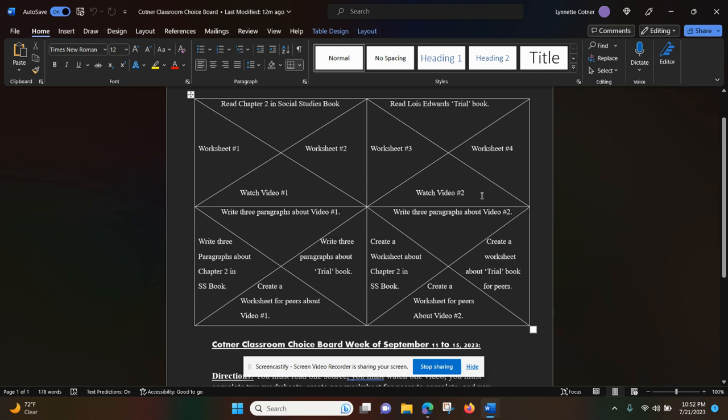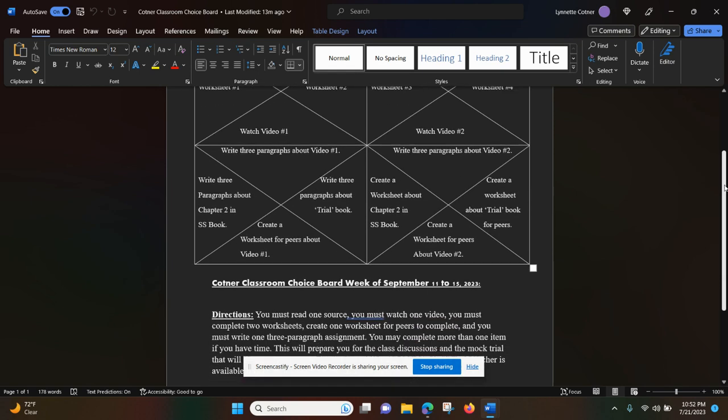And this year, my school has the motto of student voice and choice. So we want them to have a hand in choosing their own path, being responsible for their learning. So by giving them a choice board, that supports this theme of the year for student growth. But they will need to follow the directions.